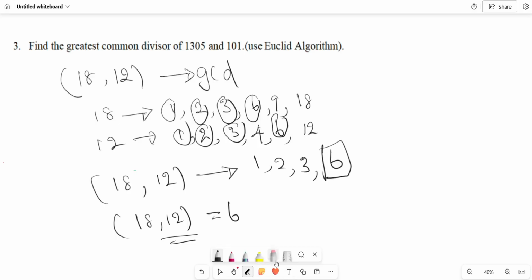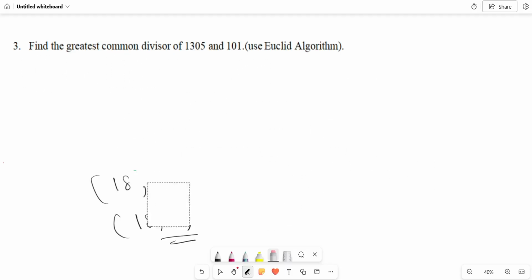Okay, right. So I'll erase this. Now we are going to use the Euclidean algorithm. In the Euclidean algorithm, we divide the largest value by the smaller value. Now what is the larger value here? 1305, that is the large value.